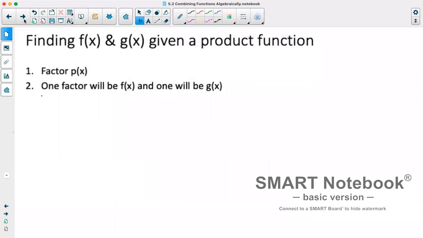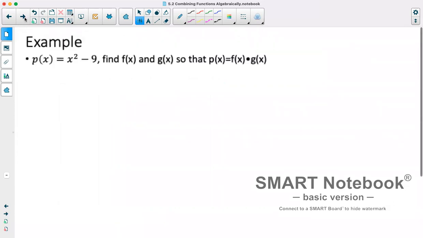Next, we have finding f of x and g of x given a product function. What we'll want to do is factor the product function they give us, and essentially one factor becomes f of x, while the other becomes g of x. So for example, we have p of x equals x squared minus 9, and we want to find f of x and g of x so that p of x equals f of x times g of x. I recognize that this is a difference of squares, so that's x minus 3 times x plus 3.